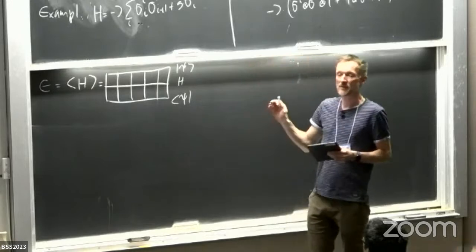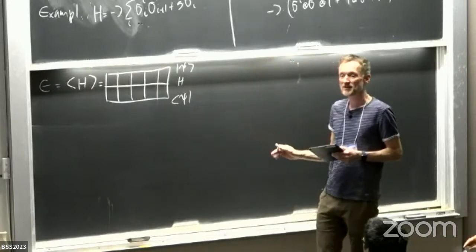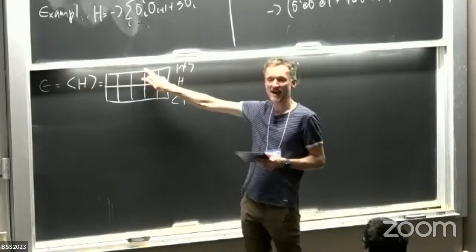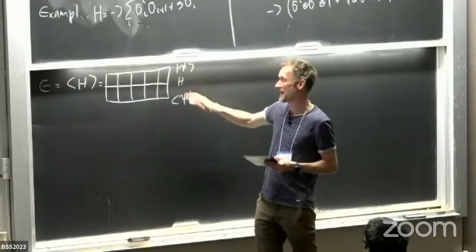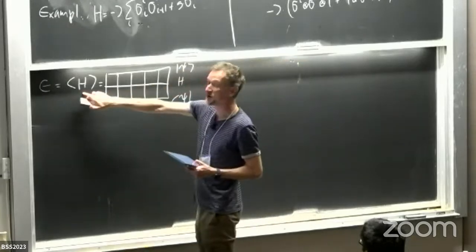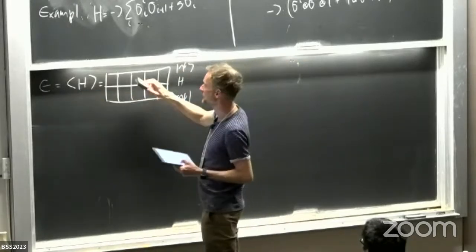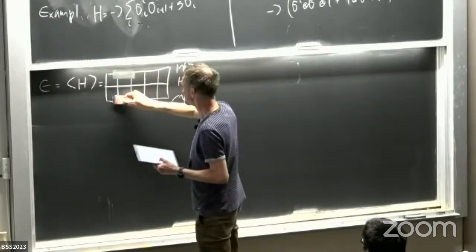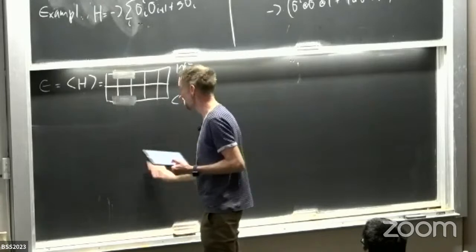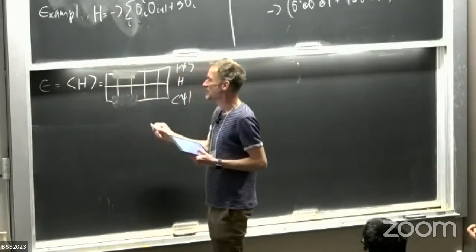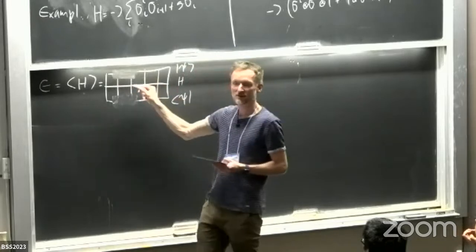The basic idea of DMRG is the following: we first take the best guess we have for our state psi, and now we want to minimize this expectation value, and we will do it sequentially. We first take out two of these matrices, and now we want to find a better guess.